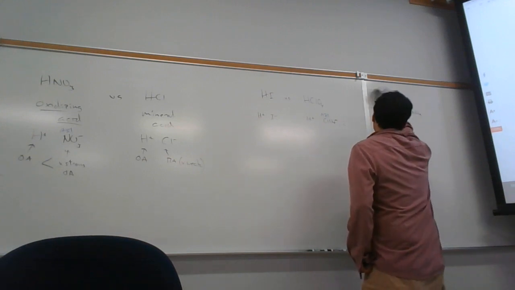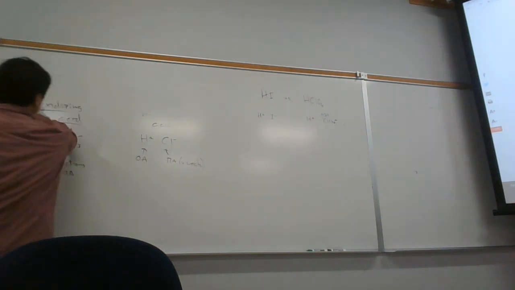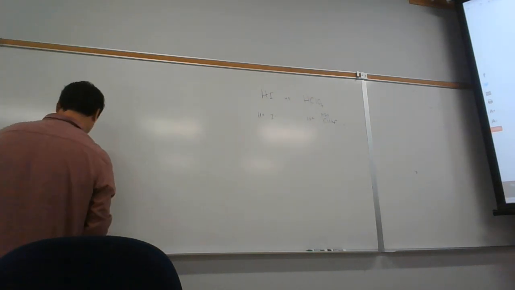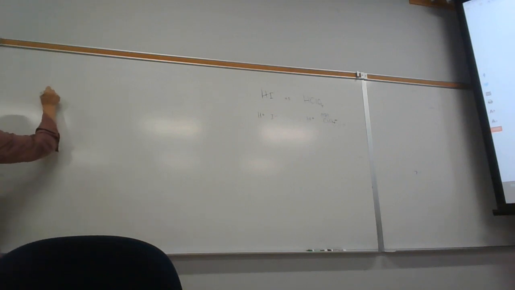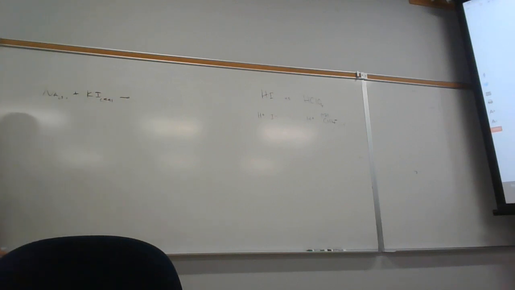All right, the last exception that we looked at was what? The sodium metal. Yeah, that was sodium metal plus potassium iodide, aqueous. And this one failed because, you know, we can label A, B, and X, but it ignored one other reactant.